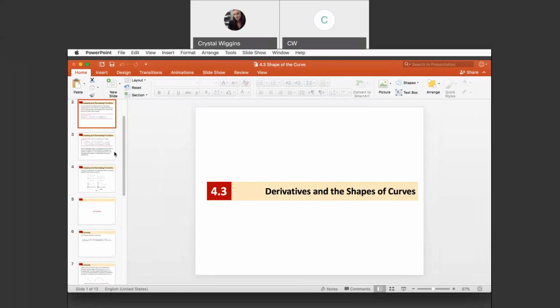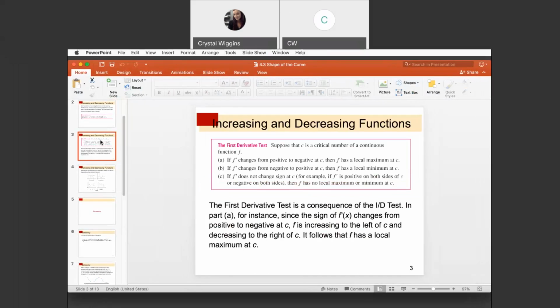Okay. So the first derivative test we learned in 4.2, and we stated that if the derivative changes from positive to negative, so up then down, we know the critical point in the middle where the change from increase to decrease is a maximum.